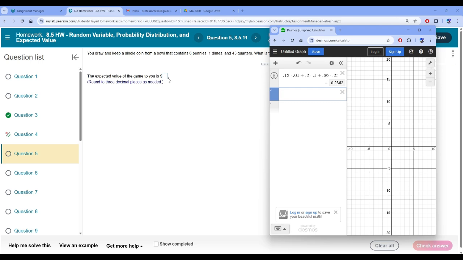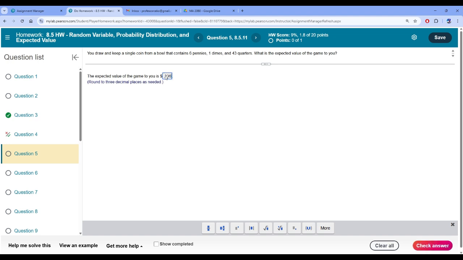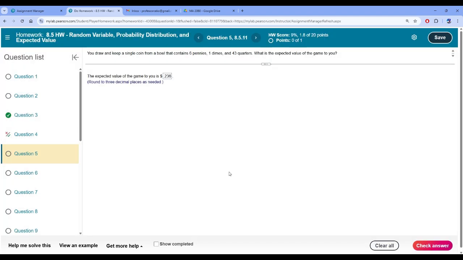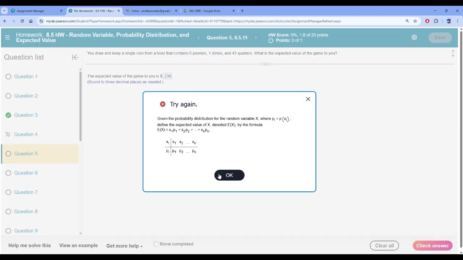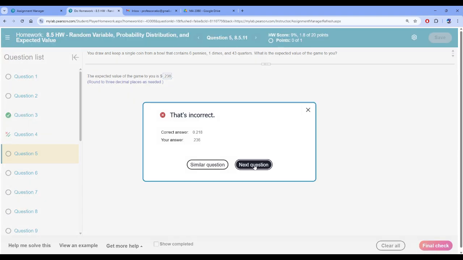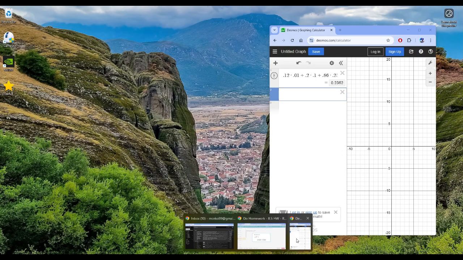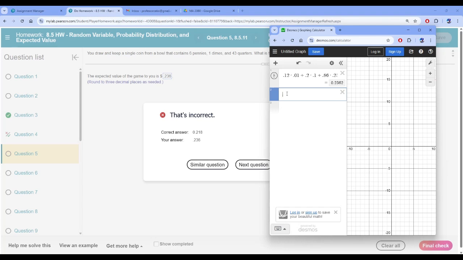So my expected value is 0.236. Oh, round to 3 decimal places doesn't need. What is the expected value? Where did I mess up? I must have done something ever so slightly wrong. 6 pennies. Oh, 0.12. There it is. There we go. See? Next question.